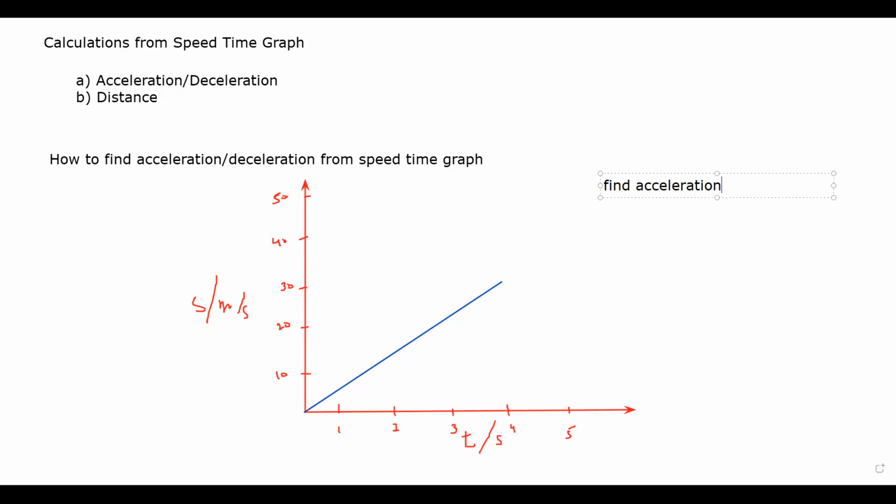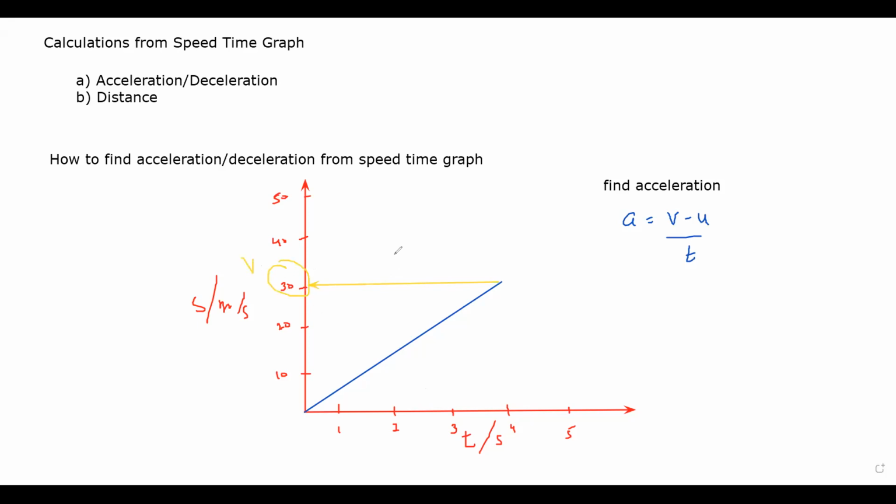So how can we find the acceleration? We know acceleration is a change in velocity, or we can say it equals final velocity minus initial velocity divided by time. So on the speed time graph, what is the final velocity here? When we work out the final velocity from the graph, this is the final velocity, which is v.